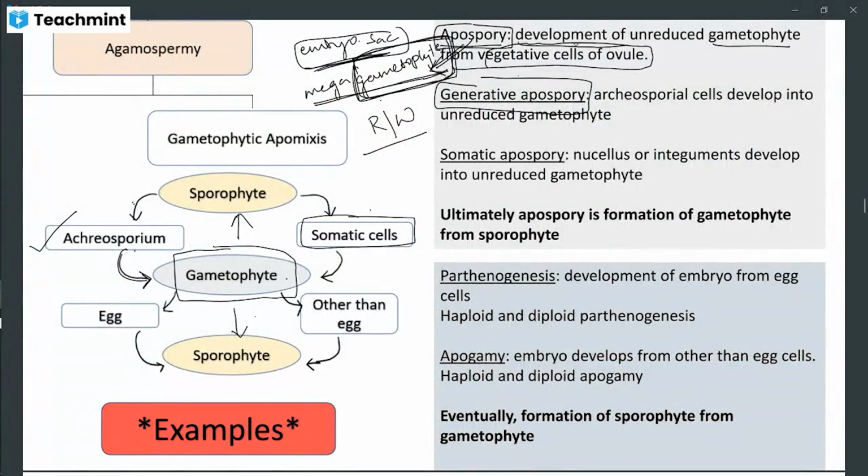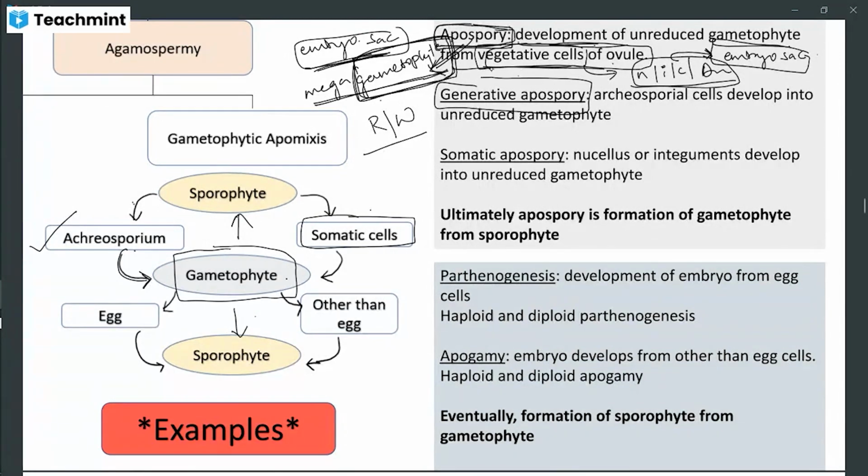In simple terms, development of your embryo sac from the vegetative cells. And what are your vegetative cells? They might be the nucellus, integument, chalaza, and other archaeosporial cells which are lying outside the embryo sac. If any of these cells develop into the embryo sac, this is known as your apospory.